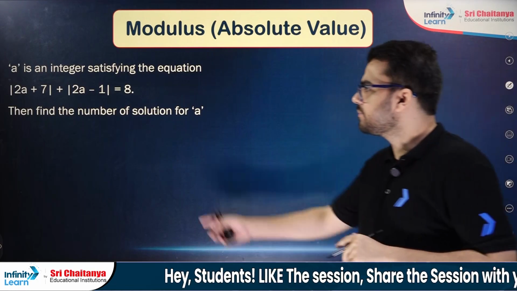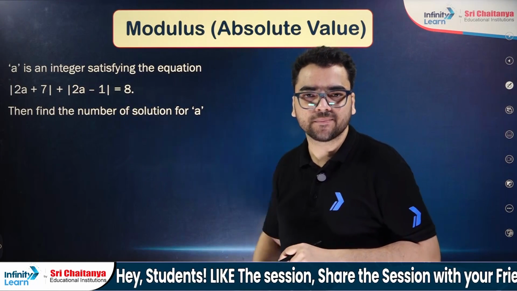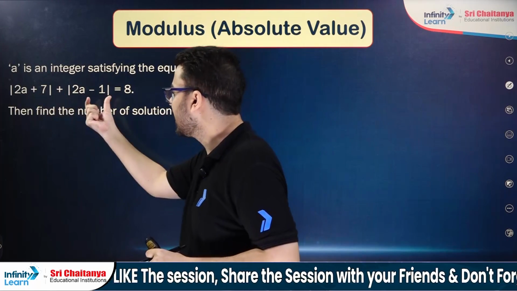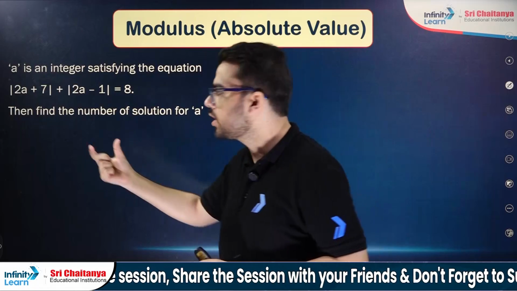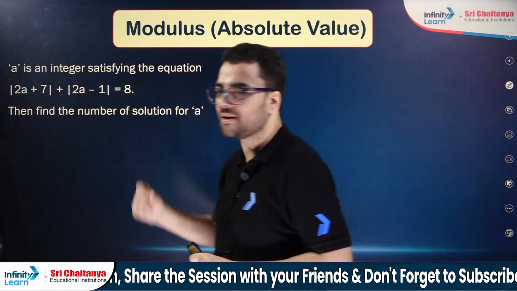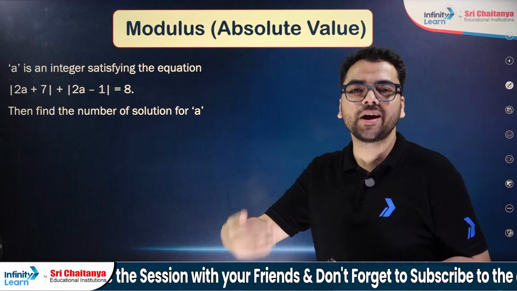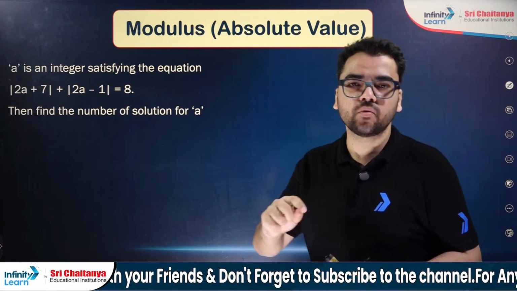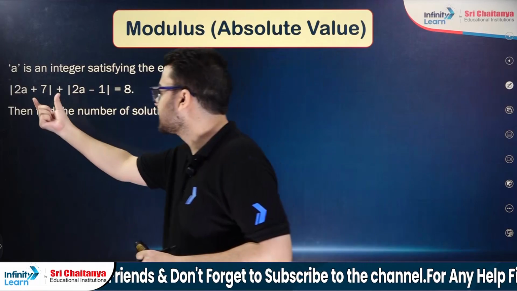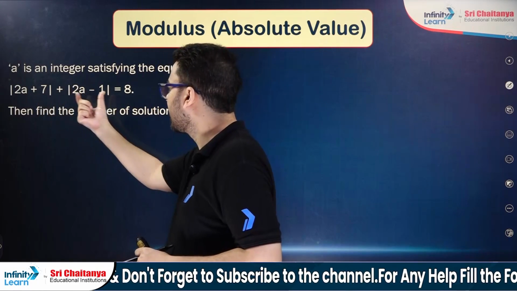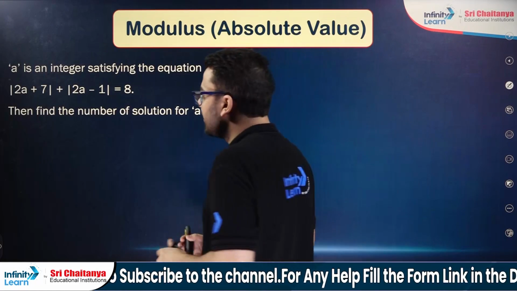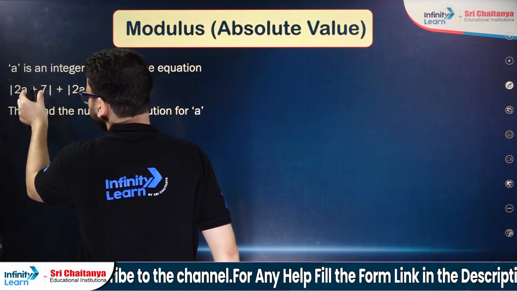Okay. Now suppose let's try to solve this thing. Now over here, you see, it's not a single expression over here. You have got two moduluses over here. So you have to break it into intervals basically. Then only you can think whether each of these will come out with a positive sign or negative sign. Now basically, what is the 0 of this polynomial?